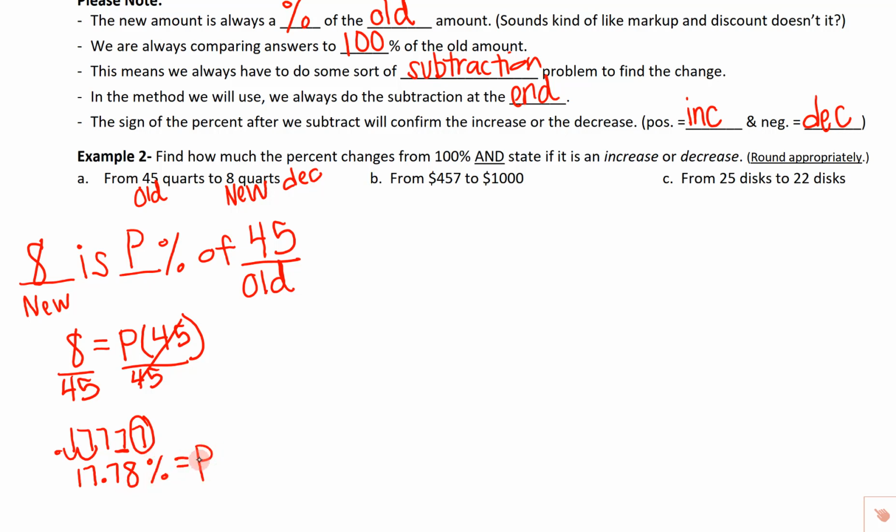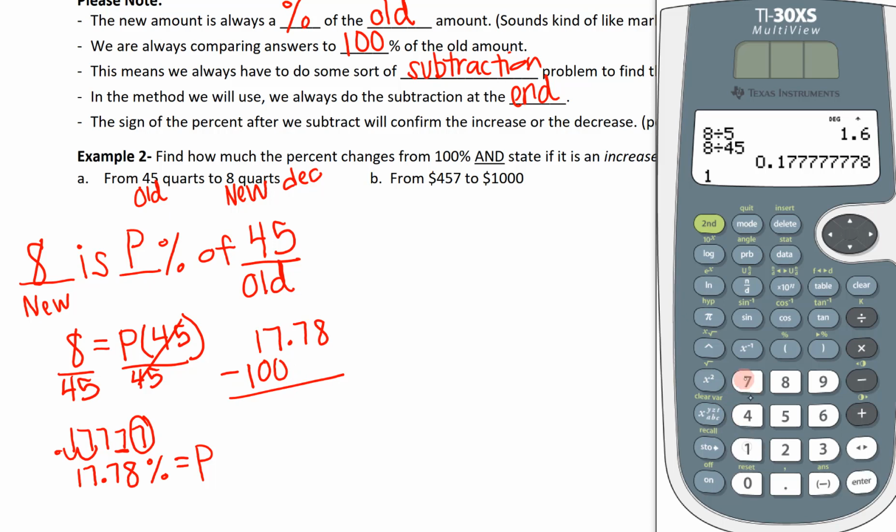Okay, now wait, I'm not done. I have to subtract that 100% because we're seeing what it changed from the original. So I take 17.78 minus 100. If it's one that's harder to do in our head, we can definitely put that in our calculator. Minus 100.